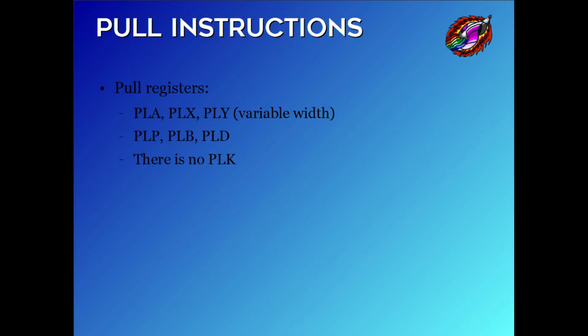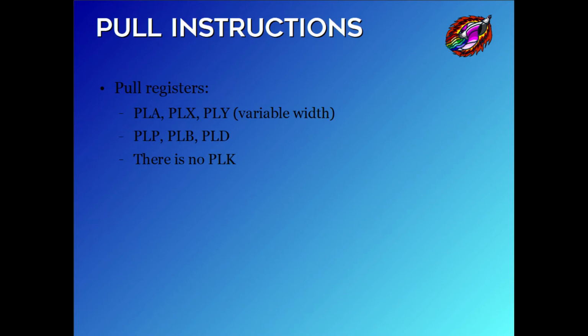And then we have 3 instructions for the different control registers. PLP to pull the processor status register, PLB to pull the data bank register, and PLD to pull that D register that we'll talk about again in the future. Note that there is no pull instruction for the code bank register.